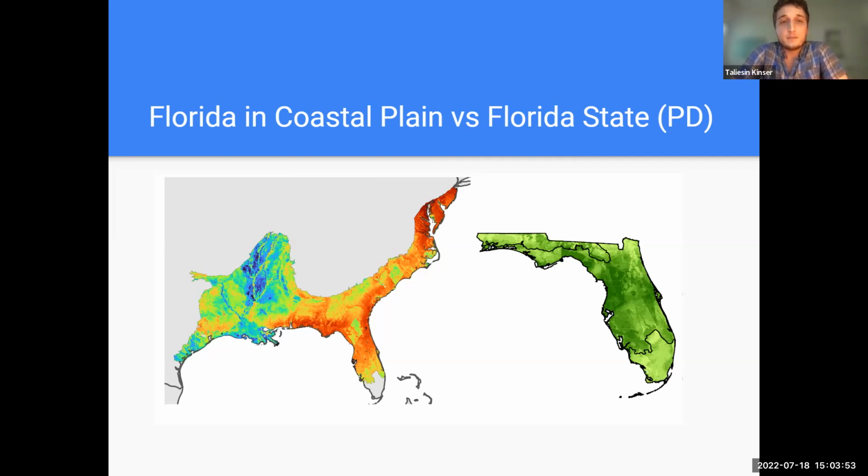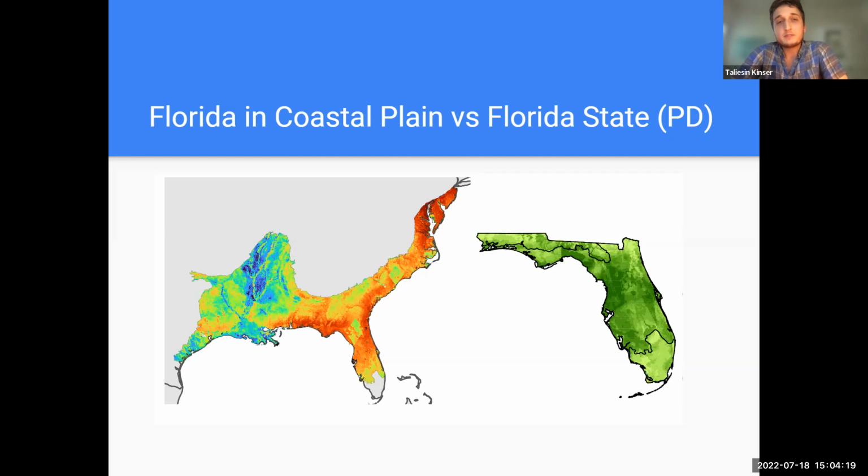When comparing the part of Florida within this larger coastal plain region, and that analysis, to the statewide analysis for phylogenetic diversity, or the sum of all those branches, you see a lot of similarities, and you see a lot of this pattern of decreasing phylogenetic diversity as you go further south.